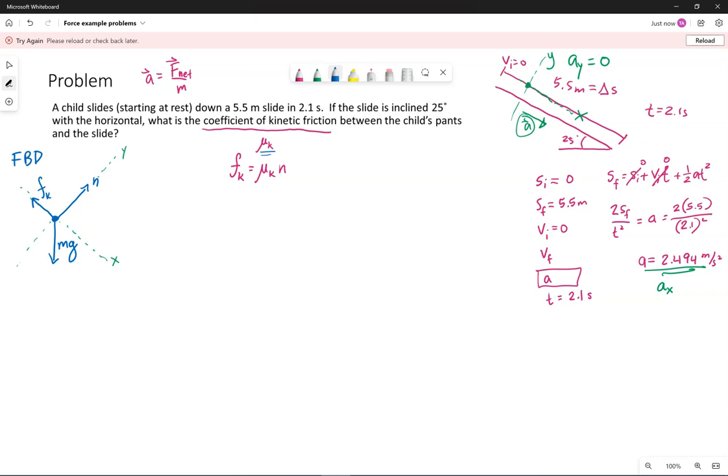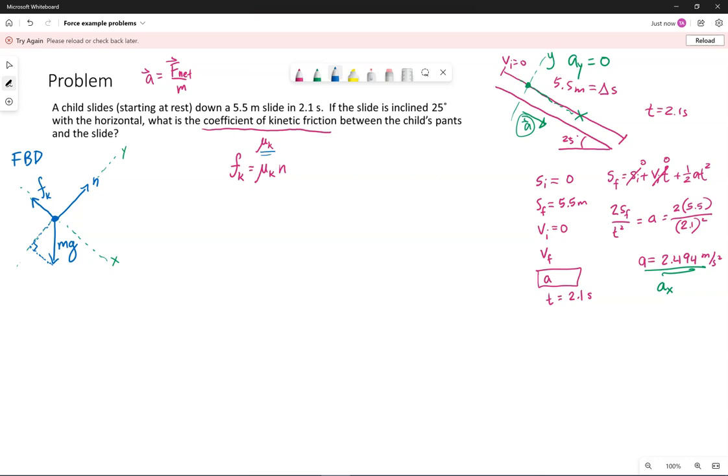So we only have to break down mg into its components. The x component of mg has to be parallel to the x-axis. The y component has to be parallel to or along the y-axis. So they have to meet at that right angle that I've drawn.